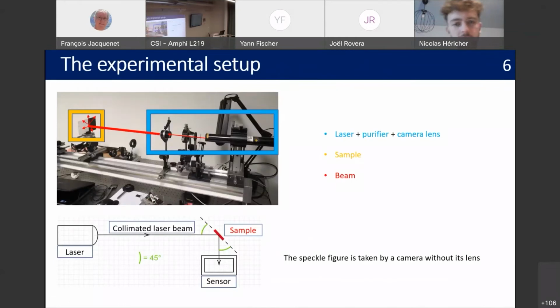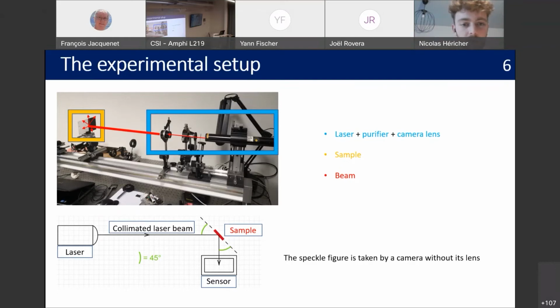Okay, so here is the experimental setup used. It's an optical bench. In the blue square, you can see the laser, the purifier, and the camera lens. In the orange square, there is the sample, and in red, there is the beam. The optical bench is made so that the sample can be translated in its own plane, and it's oriented at 45 degrees to the camera sensor.